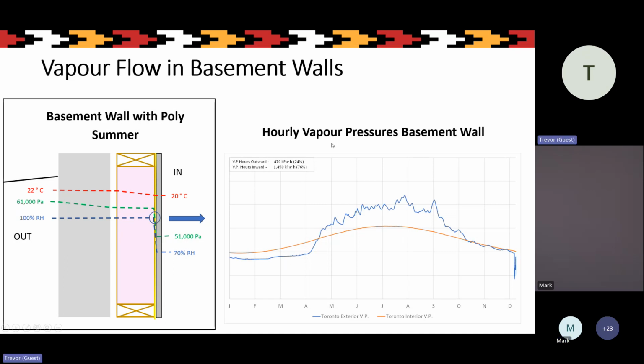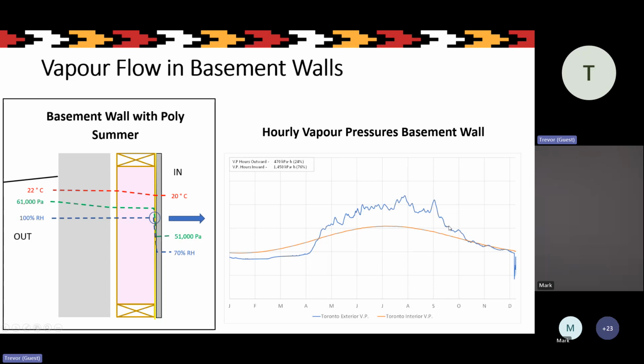And this is what the hourly vapor pressure looks like below grade. We showed the above grade. The big difference between above grade and below grade is how high of an RH we have below grade. That drives our vapor pressure flow inward for probably April, May through October.